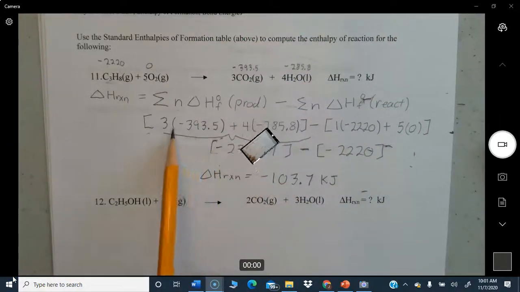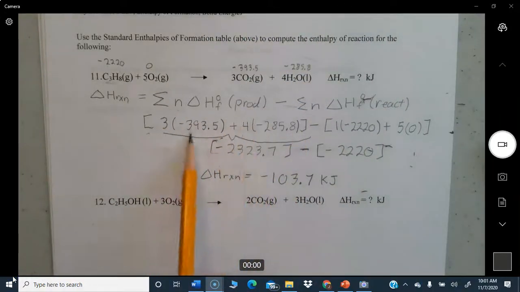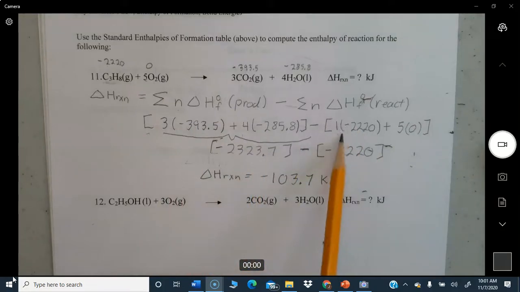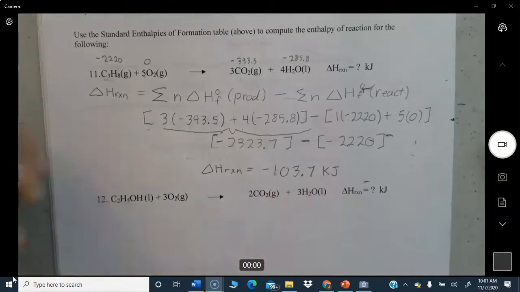So what we get when we compute this for the products is negative 2323.7. Over here, it's just simply the negative 2220. So it's minus a negative. Be careful on that. That makes it a plus. And what you end up with is the delta H of this reaction is negative 103.7. Okay, let's go on to this next one.